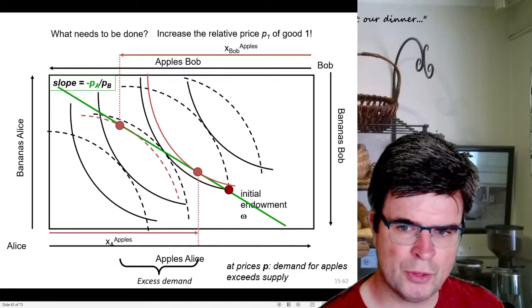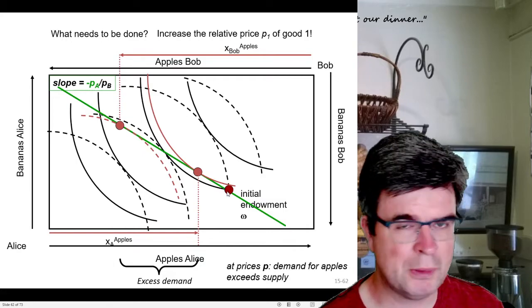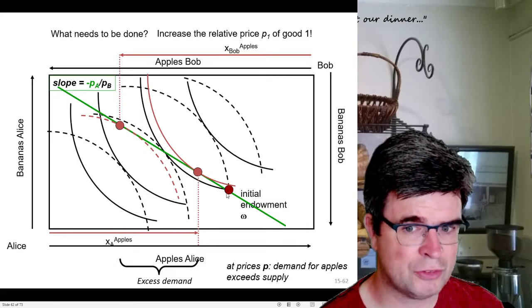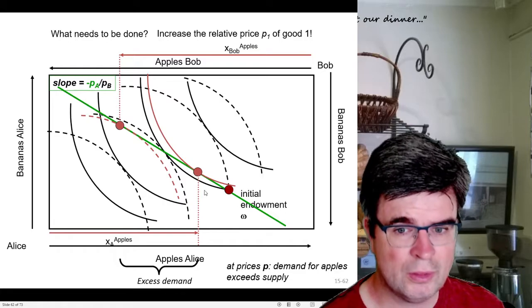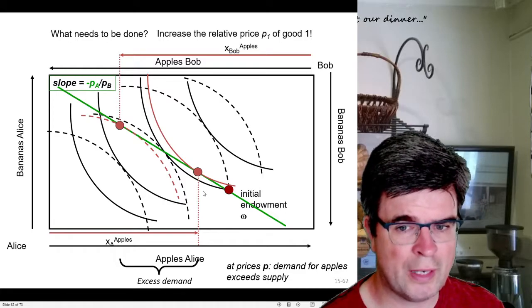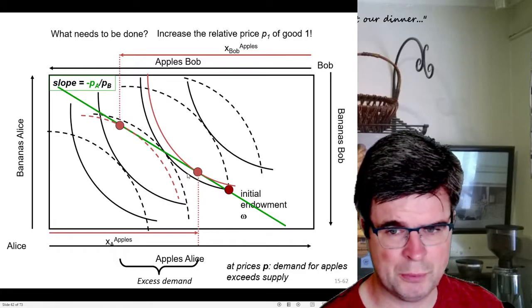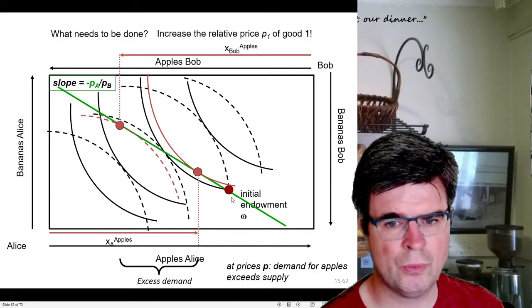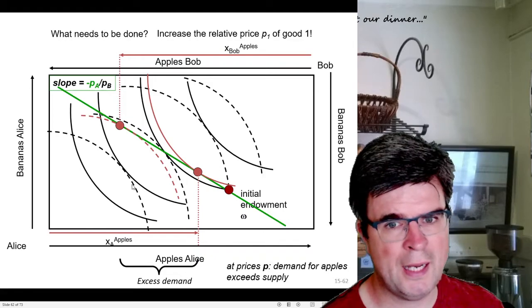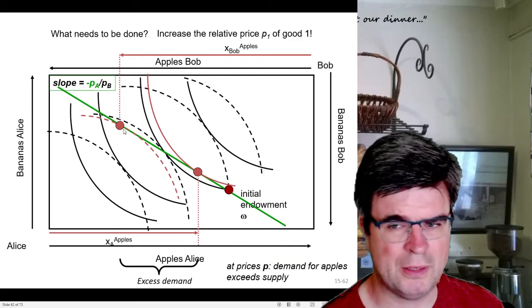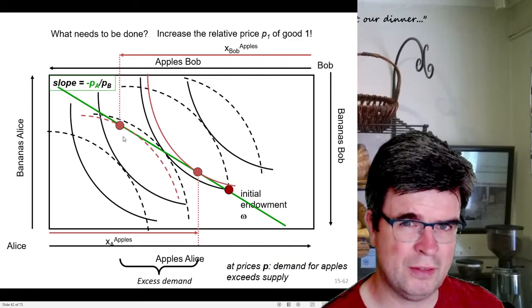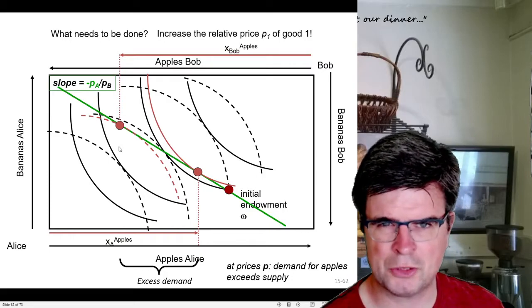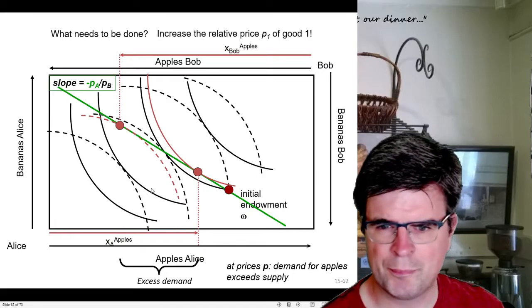And now we observe that at this higher price of apples, it becomes relatively more attractive for Alice to sell some more of her apples for bananas. So this is what she does. And for Bob, it becomes less attractive to trade bananas for apples because the bananas have become relatively cheaper. You cannot fetch as much money for them as before.